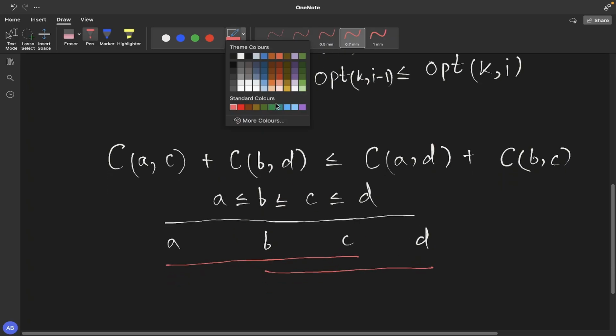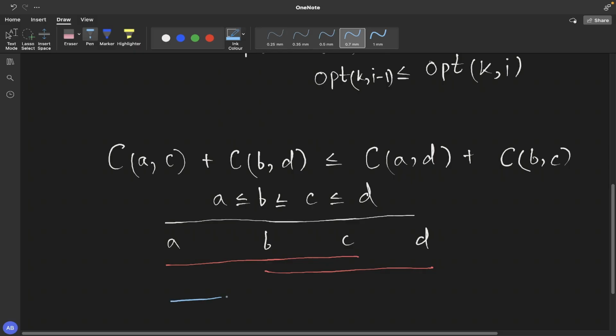Now the cost from A to D is this, and the cost from B to C is this.